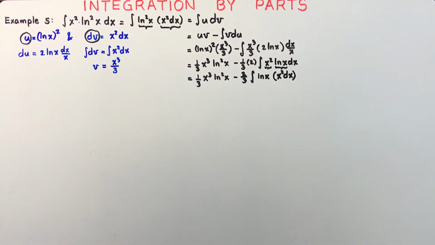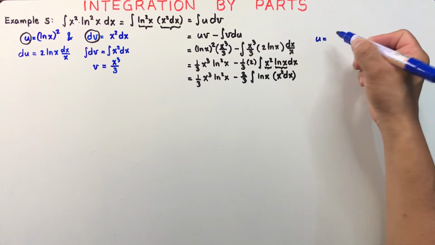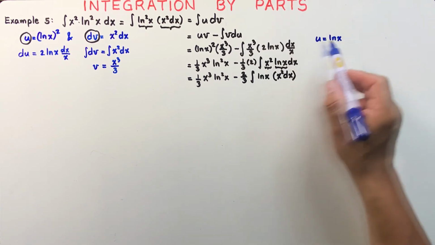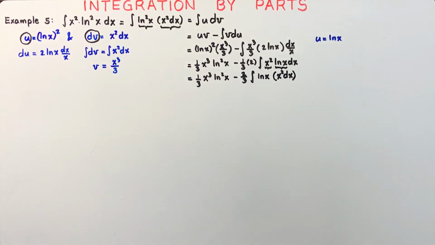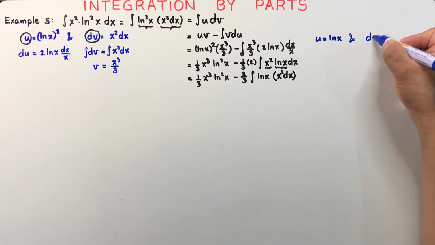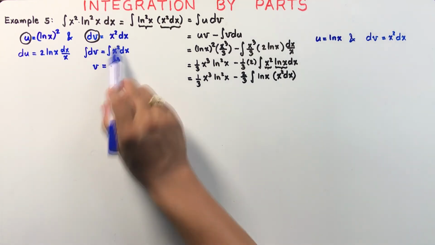So we need to apply another integration by parts. So our u this time is ln x, which is 1 less in the exponent of our first u. And our dv is equal to x squared dx, which is the same as our dv here.